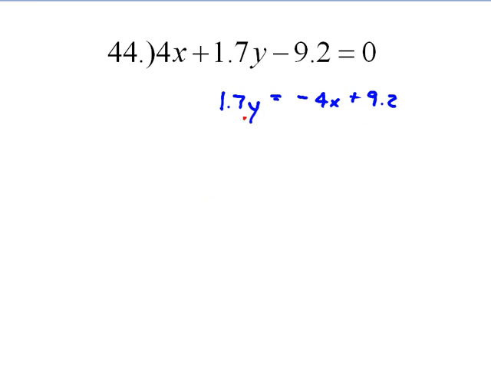We have to divide by 1.7, so run that through your calculators and you should get a -2.35x. Then run 9.2 divided by the 1.7, and you should come up with 5.4.